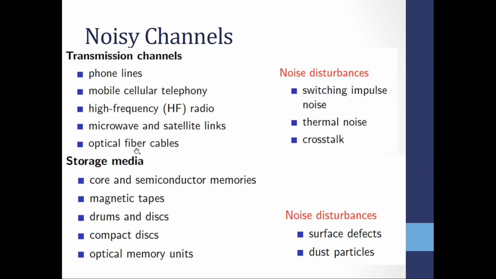Optical fiber cables as well. And the noise disturbances can be due to thermal noise, crosstalk, and switching impulse noise, and these are the main noise disturbances in the channel. This is the noise affecting your transmitted data.